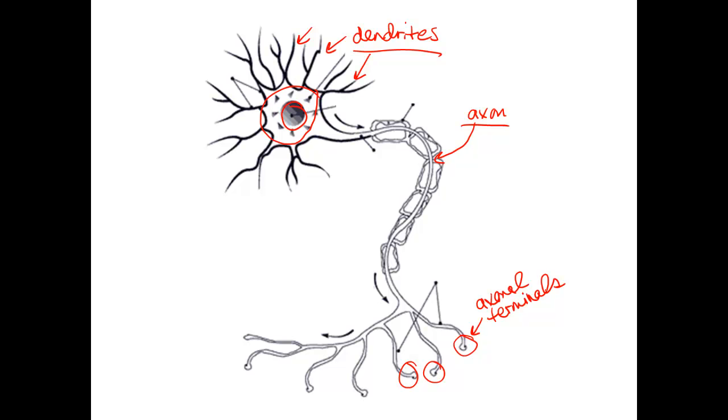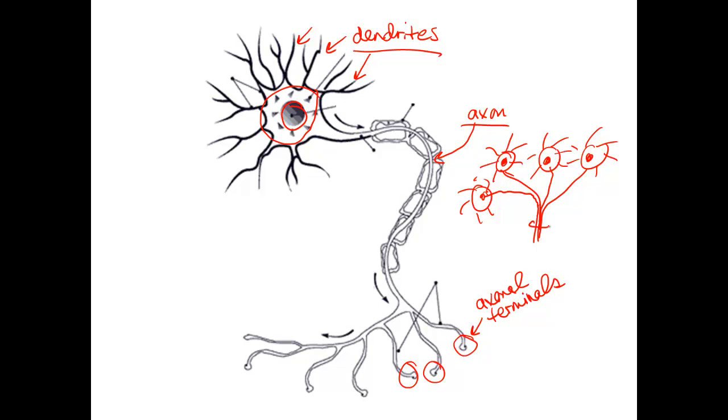The axons of lots and lots of neurons bundle together to form tracts or nerves. So, for example, if these were a bunch of neurons with little nuclei, and here are the axons, those axons might all come together to form a big bundle of axons, and that will form a tract if it's in the central nervous system, or what we call a nerve if it's in the peripheral nervous system.